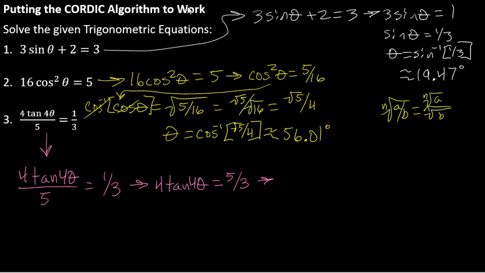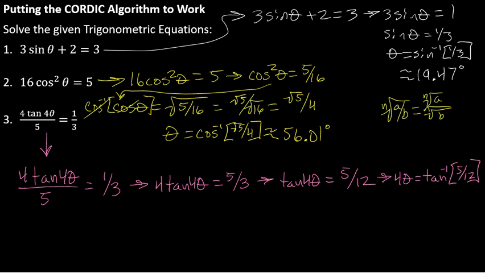That's going to give me tangent 4 theta is equal to 5 over 12. Then I'm going to take the arctangent of both sides. And that's going to give me theta. Oops, not theta. It's going to give me 4 theta is equal to the arctangent of 5/12.